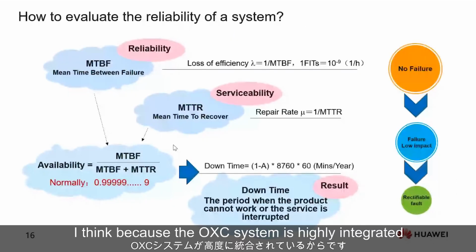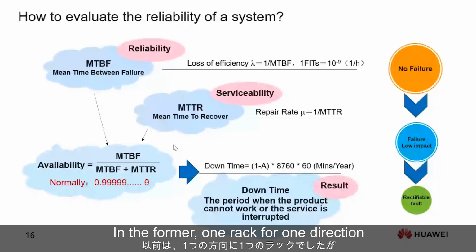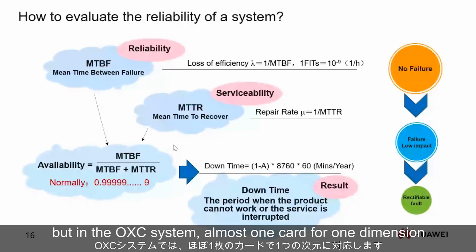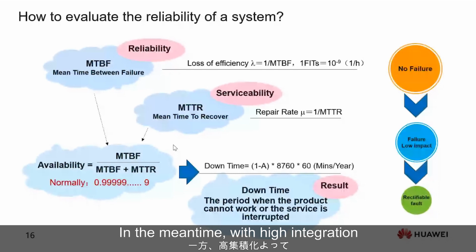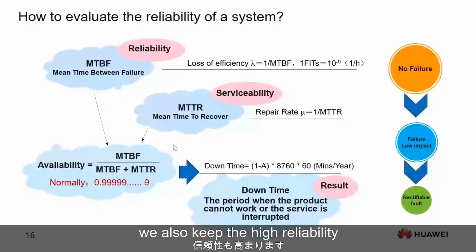Because the OXC system is highly integrated, formerly there was 1 rack for 1 direction, but in the OXC system almost 1 card serves one dimension. Although we have high integration, we also keep high reliability.